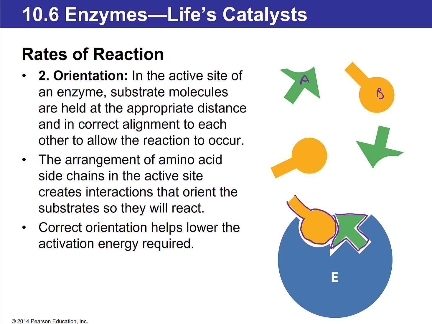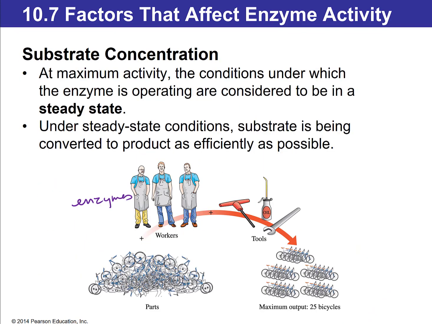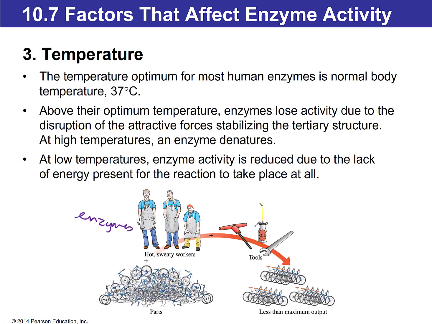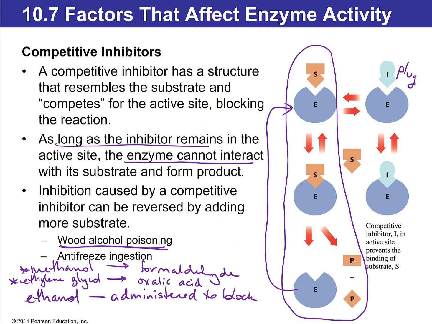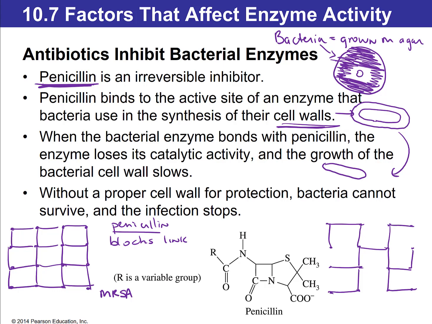So these bacteria can actually break or digest the penicillin. This is what penicillin looks like. The bacteria make an enzyme called penicillinase. It makes an enzyme that digests the antibiotic.